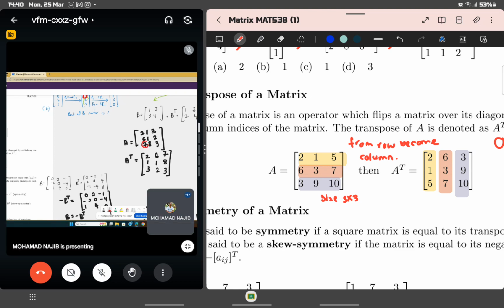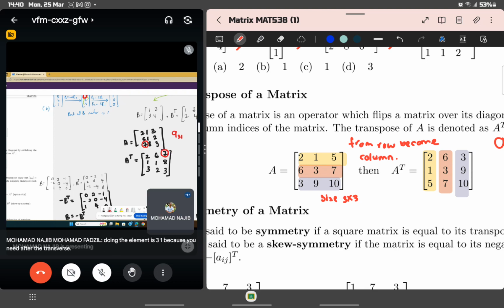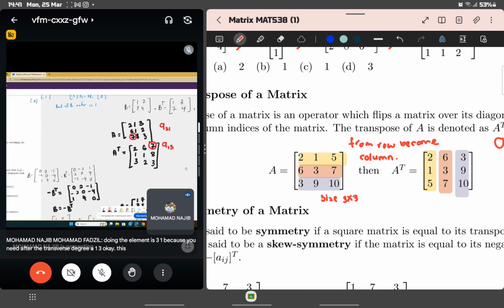Kedudukan 7 ni. Kedudukan dia dekat sini. The element is A 3, 1. Betul tak? Dekat sini, after the transpose, dia jadi A 1, 3. Okay, faham tak? Faham. Okay, that will be the A transpose.